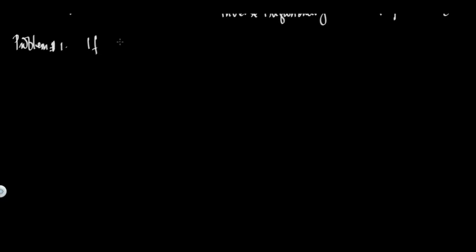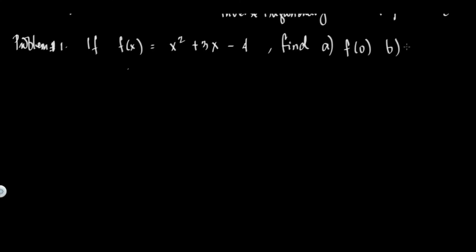If f of x is equal to x squared plus 3x minus 4, find, okay, ito na lang, find A is, let's say, f of 0, B, f of negative 1, and C, f of 2.